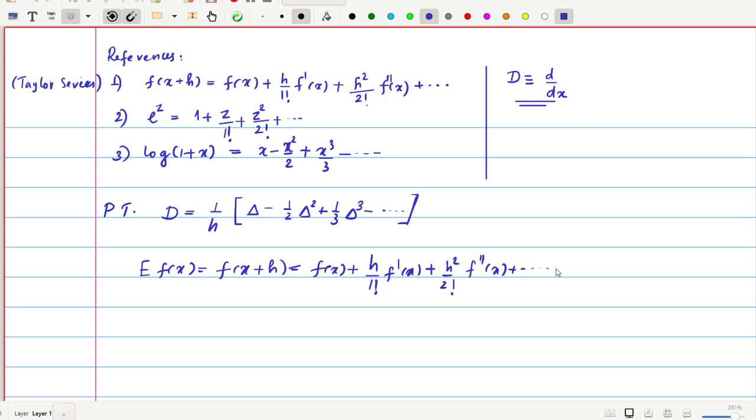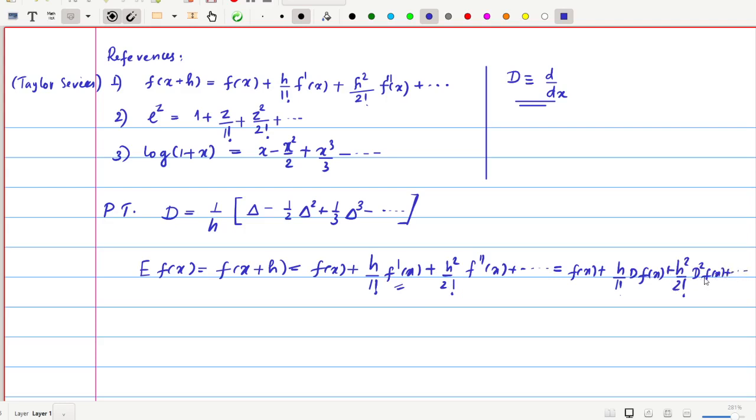So we write this as f of x plus h by 1 factorial Df of x, where Df of x is d by dx of f of x, that is f dash x here, plus h square by 2 factorial D square f of x plus etc.